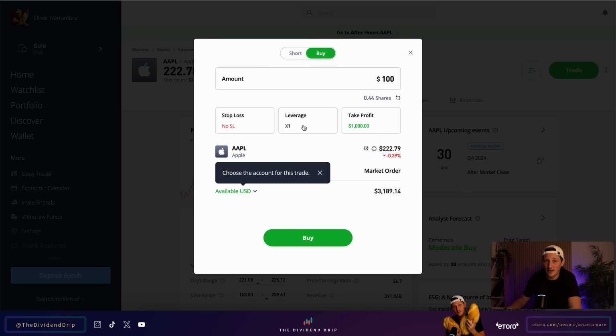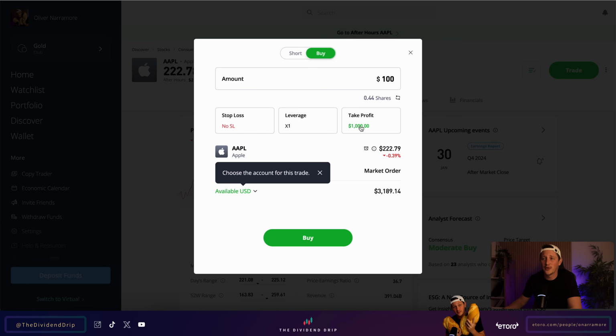So essentially, if you're doing 10 times leverage, you can lose thousands and actually end up owing money to eToro. If you're on 1 times leverage, if it drops by 100%, you will lose £100. You will lose your investment. 10 times leverage, you're going to end up owing hundreds and hundreds of pounds, dollars, whatever it is, to eToro. So please avoid leverage. Don't go near it. Then you've got your take profit.